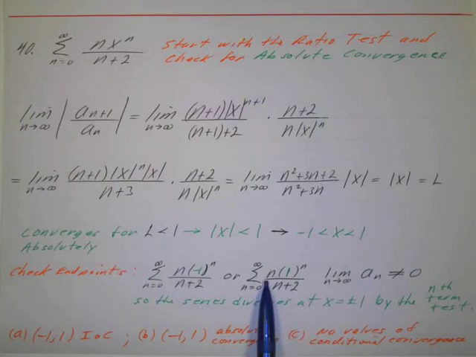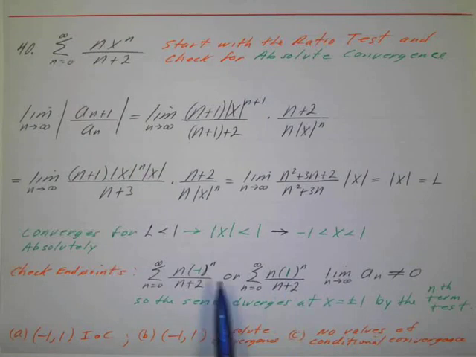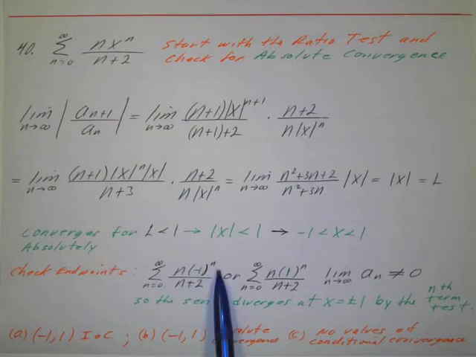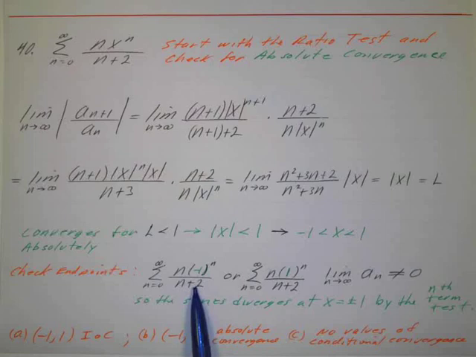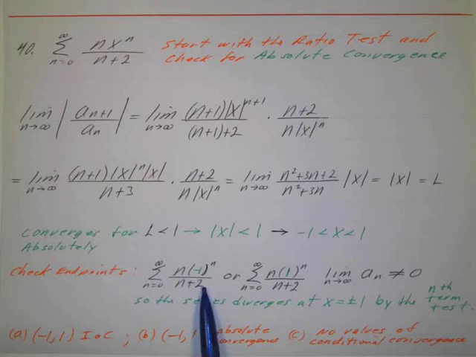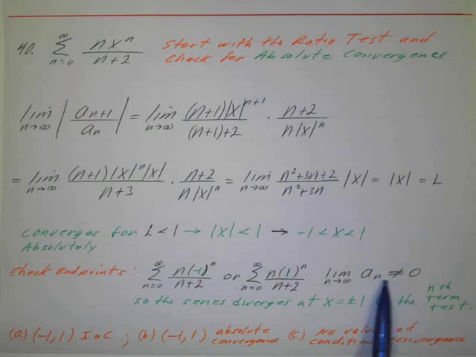I'm just going to check for regular convergence first, but what I notice is that if I put in either −1 or 1 and take the limit of a sub n, the nth term, n over n + 2, I get 1. So it's either 1 or −1, depending on the n, and it's definitely not 0. So as long as the limit of the nth term is not 0, the series diverges at x equals plus or minus 1 by the nth term test.